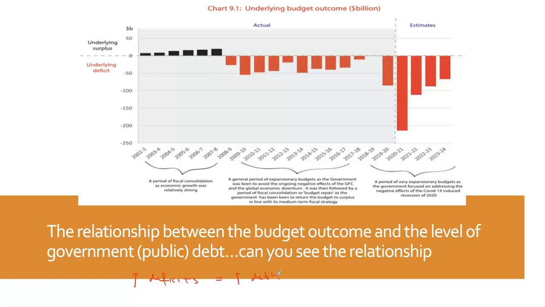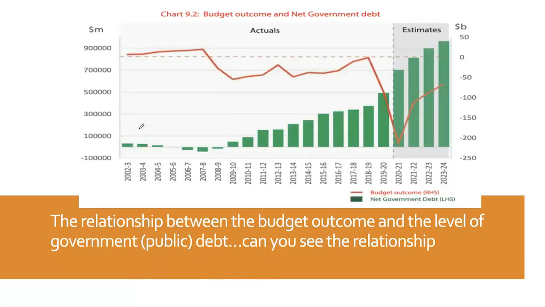Now here we have, as we said, the underlying budget outcome, the amount of budget deficits, and this is in billions of dollars. You can see that although the numbers have changed, there was an estimate of a budget deficit of $200 billion for 2020 to 2021, and ongoing budget deficits. Now, has that translated into higher net government debt? You can see at 2008, the green being net government debt, we were roughly actually in positive.